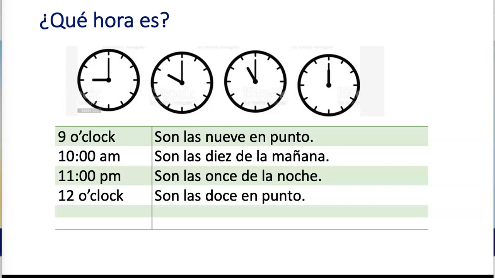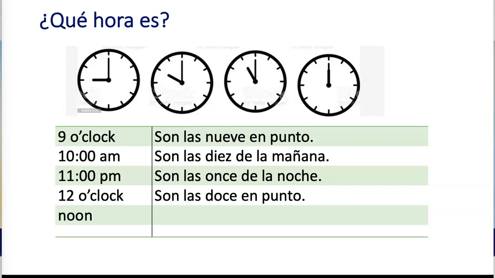Son las 12 en punto. It could also be noon. How are you going to say that? Es mediodía. Now note, I put L in parentheses because you don't need it, but you'll be understood if you say it.